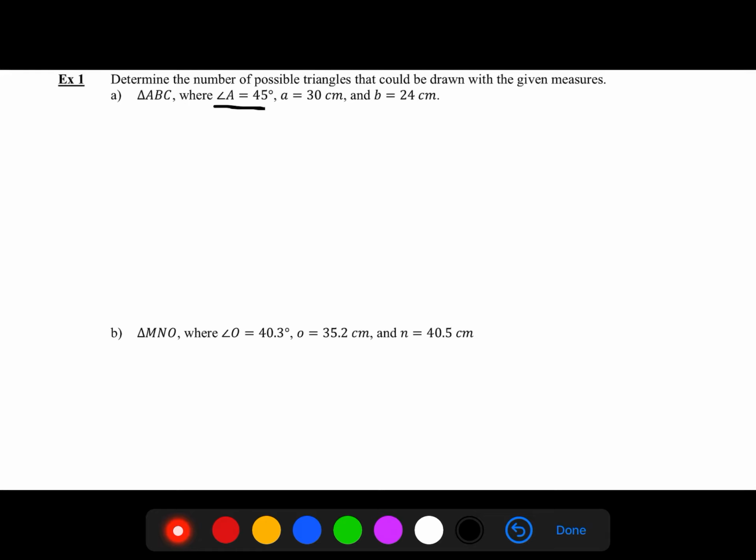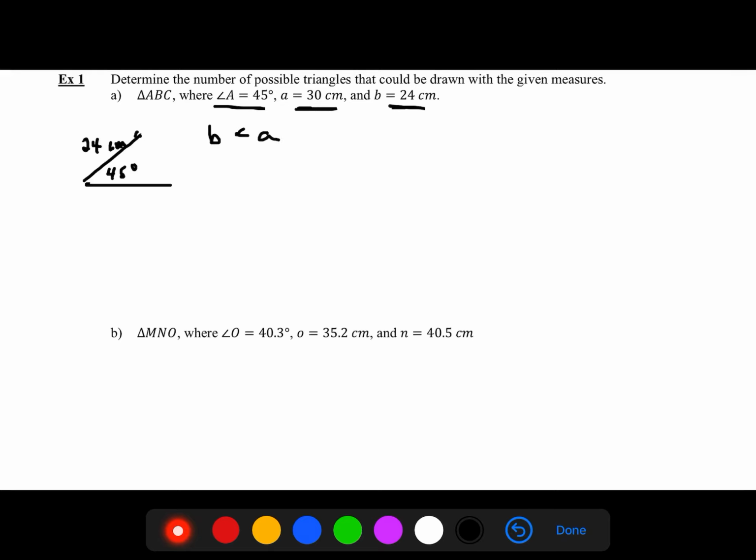Taking a look at some examples. We want to just determine the number of possible triangles that could be drawn with the given information. So first thing we look for, angle A is less than 90. So we are going to draw our angle A, 45 degrees, and we know that side B is 24 centimeters.